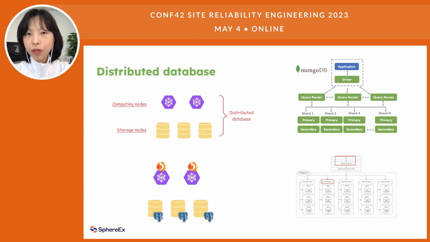But the computing node's function is to provide the unified entrance and to do the global computing workflow, and to answer people's queries. If you look at the MongoDB architecture or the CockroachDB architecture or others, you find that they use the same idea to be distributed.